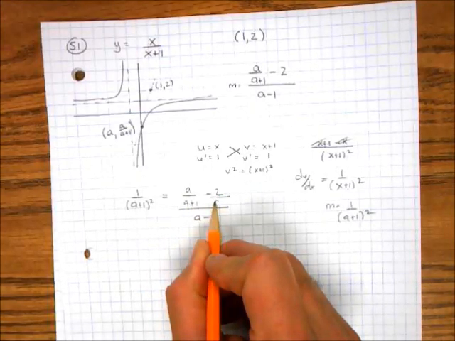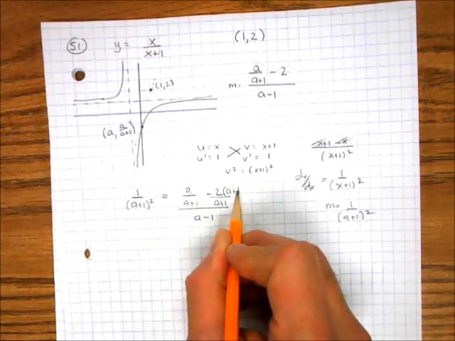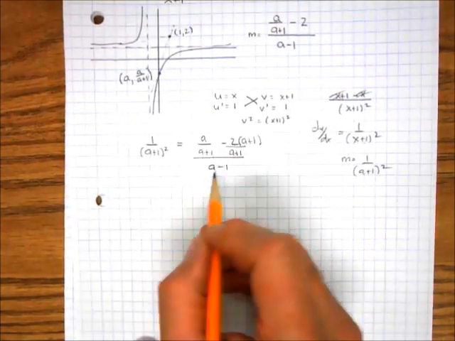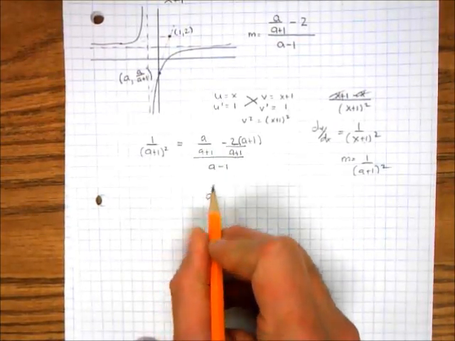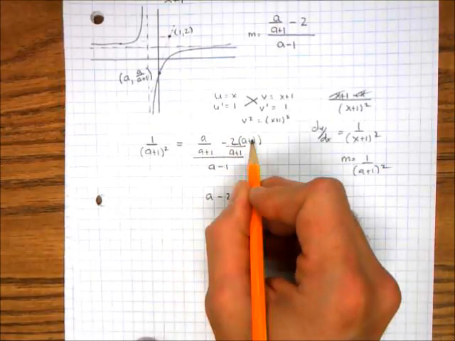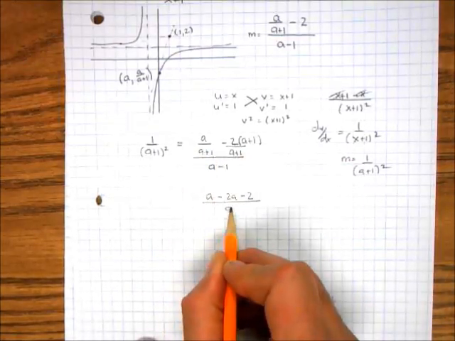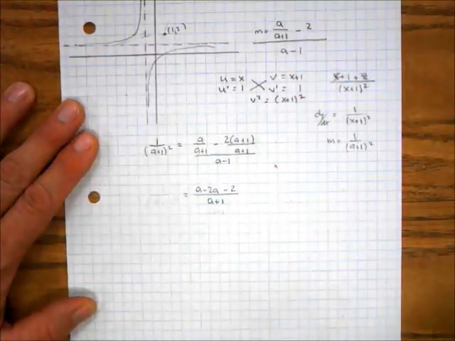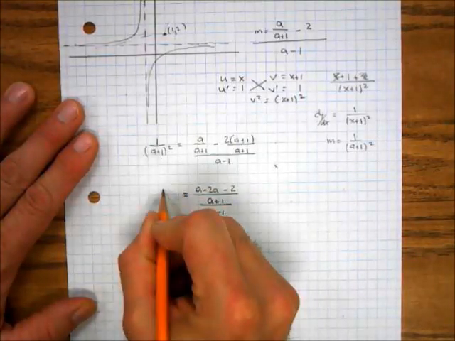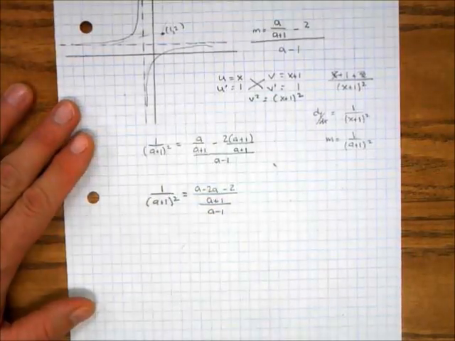So if I multiply the bottom by a plus 1, I have to multiply the top by a plus 1. Okay, let's start there. So on top I have a minus 2a minus 2, all over a plus 1, all over a minus 1 is equal to 1 over a plus 1 quantity squared.